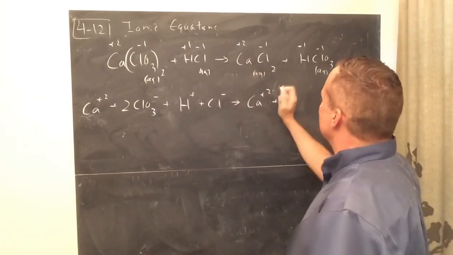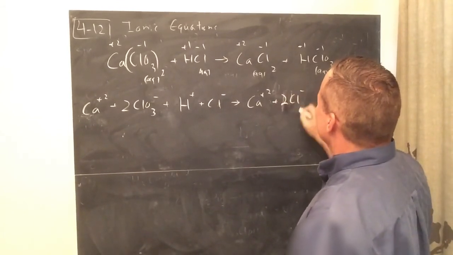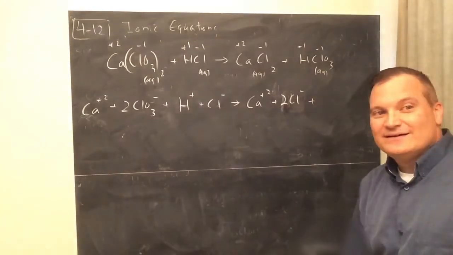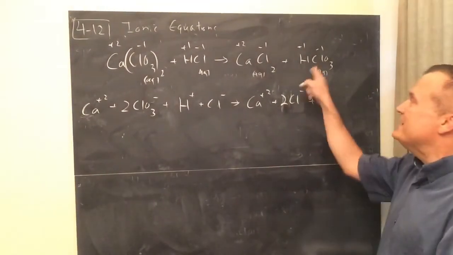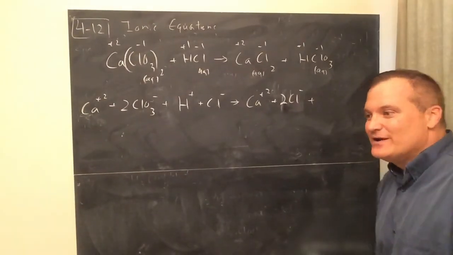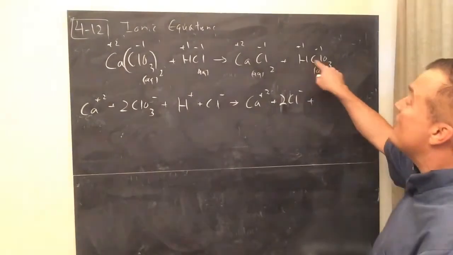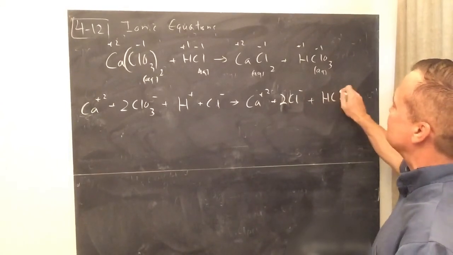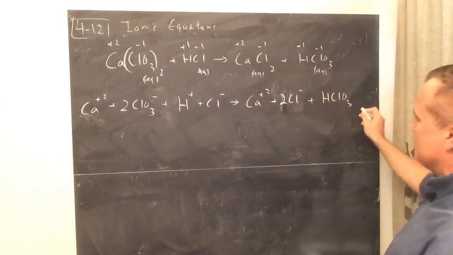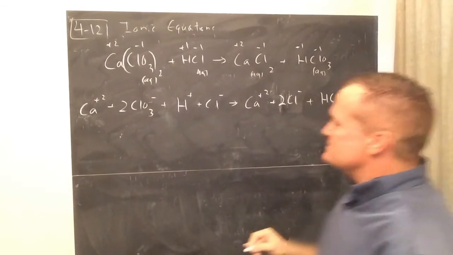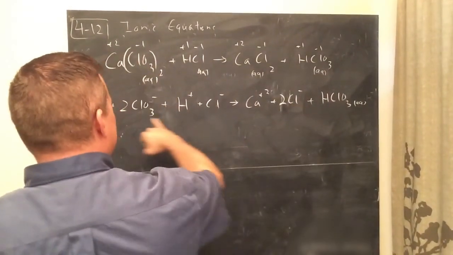I'll put 2 Cls. HClO3 will not, because it's a weak acid. Remember, HClO4, perchloric acid, is a strong acid, but chloric acid is a weak acid. It stays together, like sugar, I told you. It doesn't break up. Even though it's dissolved, it's staying together intact.